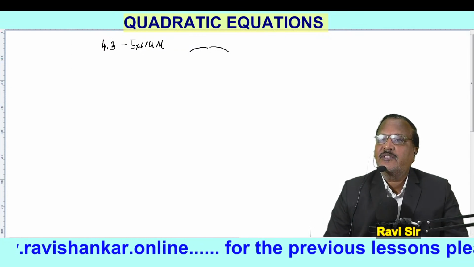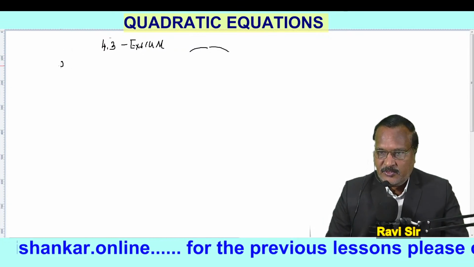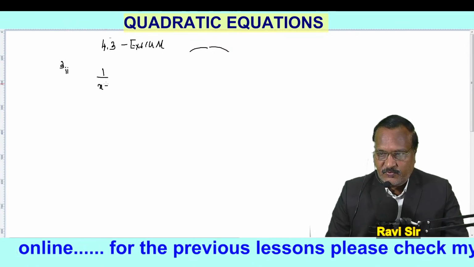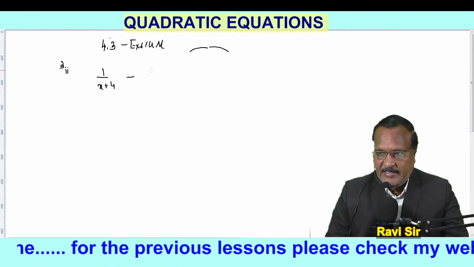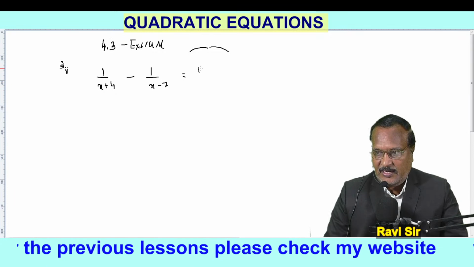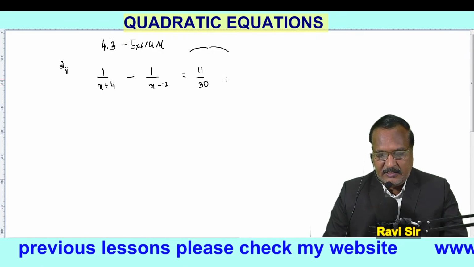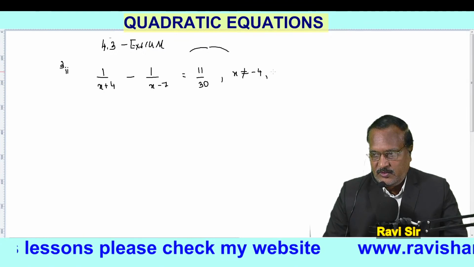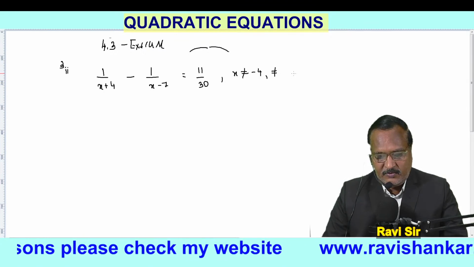So this is the third question, second bit. 1 upon x plus 4 minus 1 upon x minus 7 is equal to 11 upon 30, and x is not equal to minus 4 and not equal to 7.